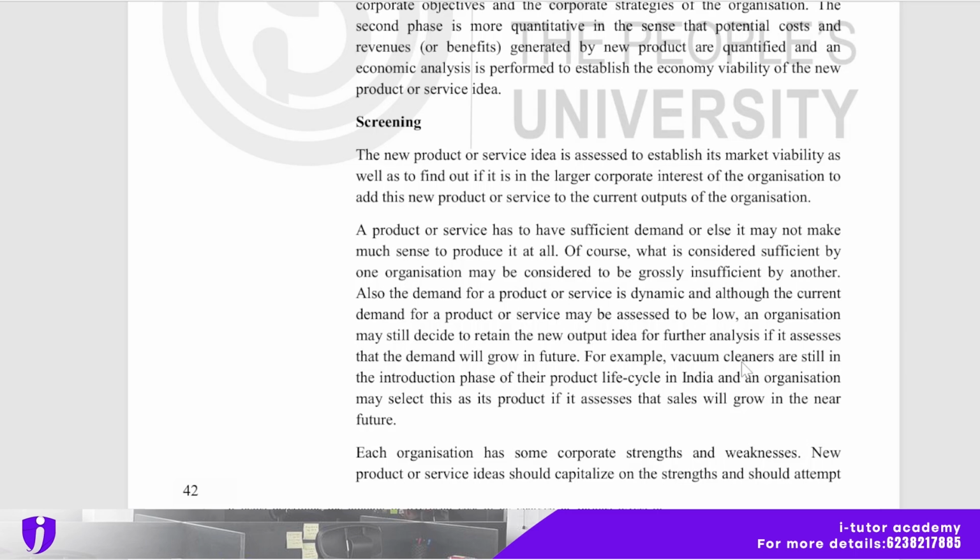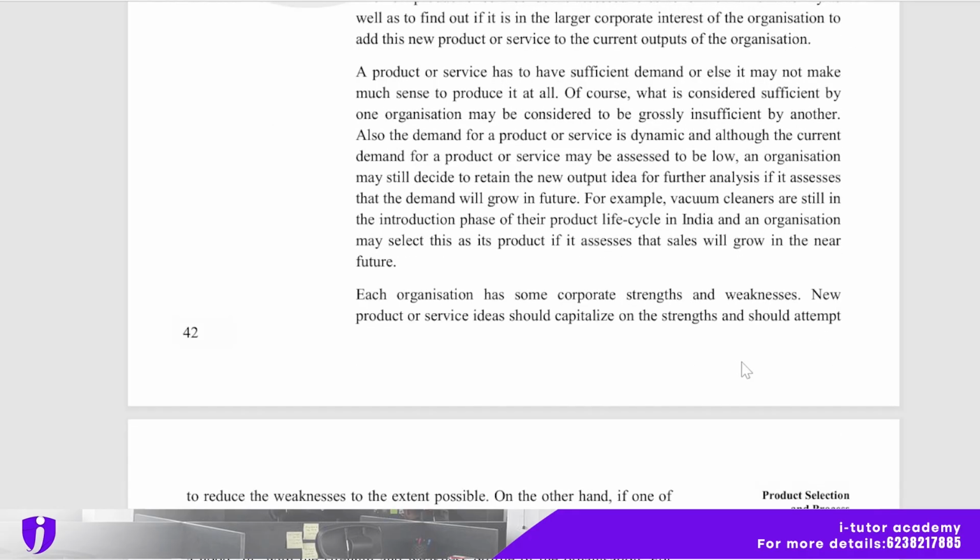Of course, what is considered sufficient by one organization may be considered grossly insufficient by another. Also, the demand for a product or service is dynamic, and although the current demand may be assessed to be low, an organization may still decide to retain the new output idea for further analysis if it assesses that the demand will grow in future.